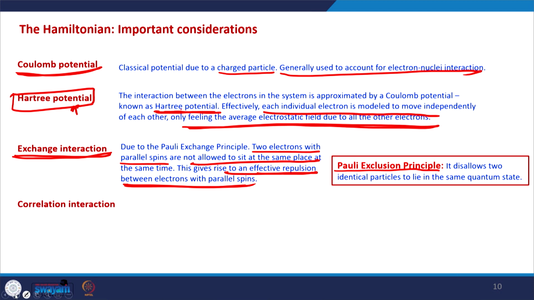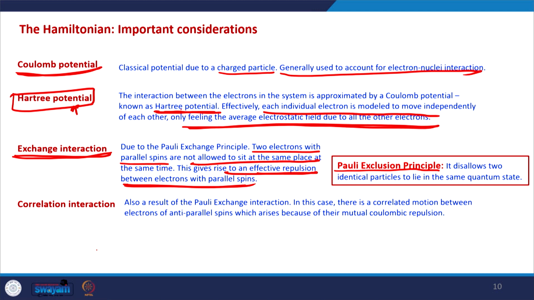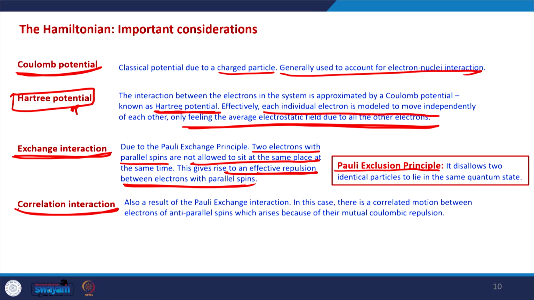In a similar way, there is the correlation interaction, because according to Pauli's exclusion principle, two electrons of opposite spin can be at the same place, but when they try to come to the same place, there will be an electrostatic repulsion. So they cannot exactly be at the same place, but there is a sort of correlation between the opposite spins. That is purely of quantum mechanical origin, and that is modeled by the correlation interaction. The Coulomb potential is the interaction between electrons and nuclei.